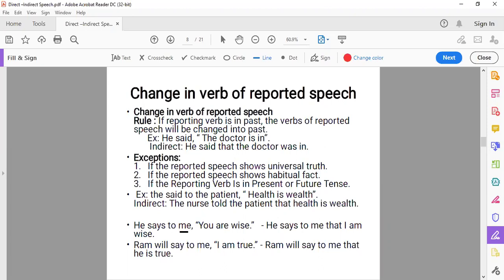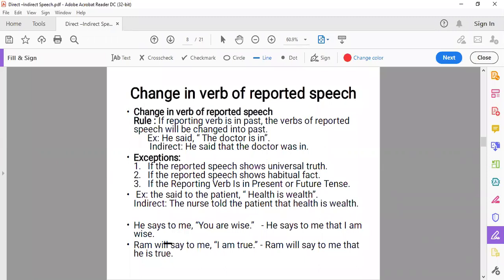We have me as the object, so we'll take the subject from me, because you is at the position of subject. So we'll change you into I. That's why we have used I here. He tells me that I am wise. No change of tense here because the reporting verb is in present.